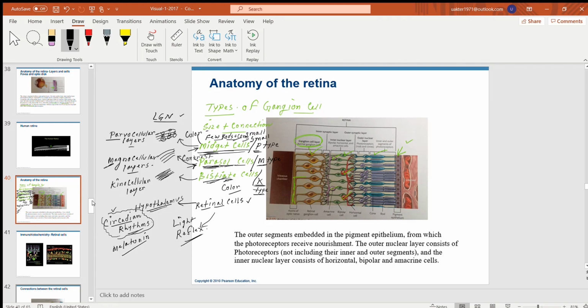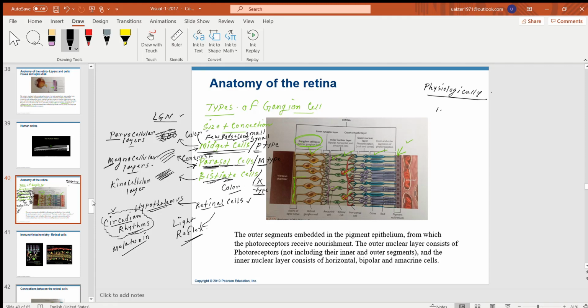Now, if you see the physiological response of the ganglion cells, based on the response or firing of the ganglion cells, we commonly divide the ganglion cells into 2 types.